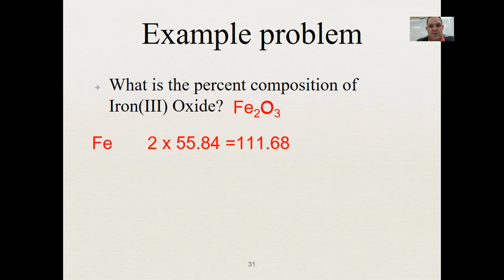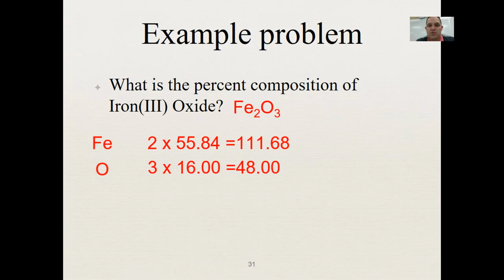But that's not everything. We still need the oxygen. So let's look at our oxygen. Now, how many oxygens do we have there? And again, let me point that out. We have our 3 oxygens. And the molar mass of oxygen is 16. So 3 times 16 is 48.